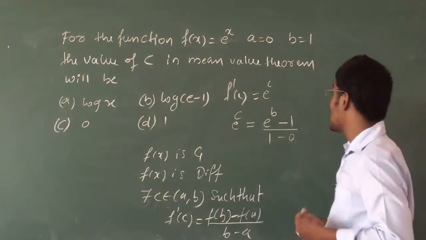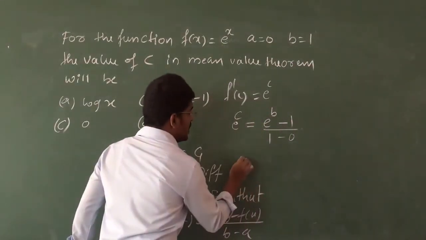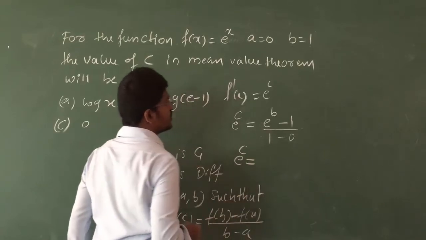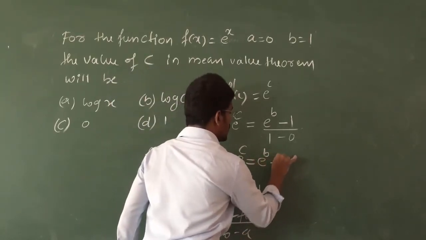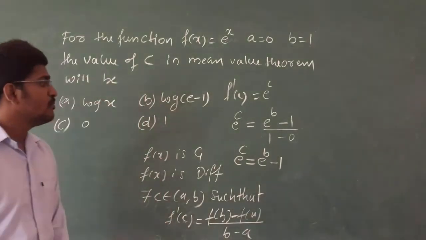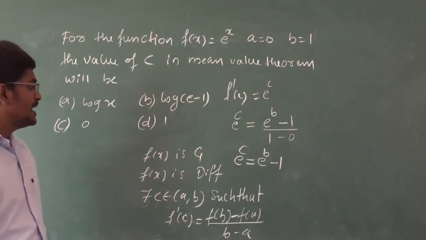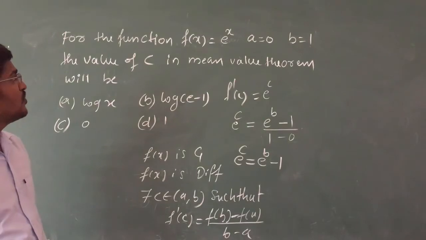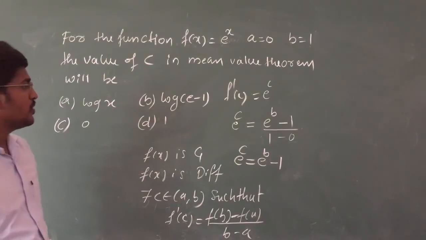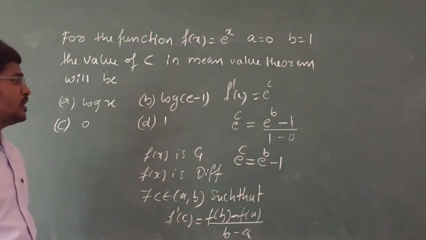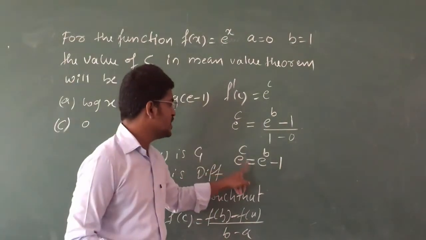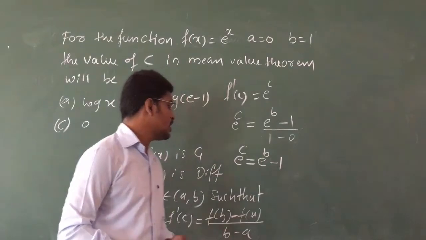So here what you are having, e to the power of c is equal to e to the power of b minus 1. f(a) is e to the power of a, which is e to the power of 0, so that is 1, no problem. So e to the power of c equals e to the power of b minus 1.